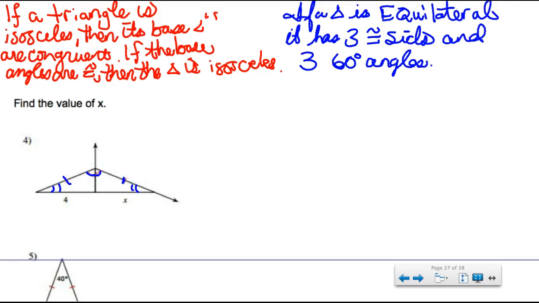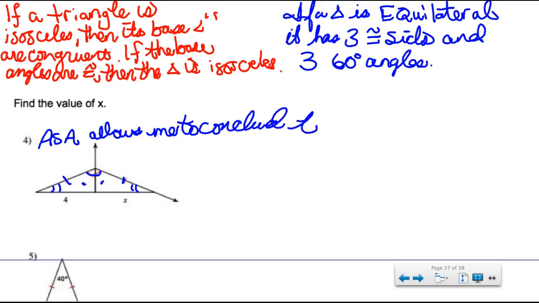I've got these being congruent, the left-hand side and the right-hand side, because I've just marked angle, side, angle. So the angle, side, angle congruence theorem allows me to conclude that the triangles are congruent.